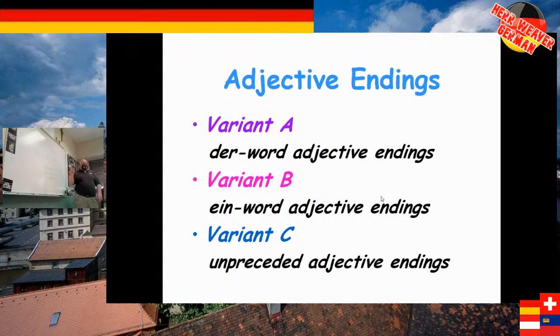Guess what dative is? E-N. So that goes together. And these are all the same: E, E, E. Okay, now where does it go at the end of the word? I'll show you. That's a good question.